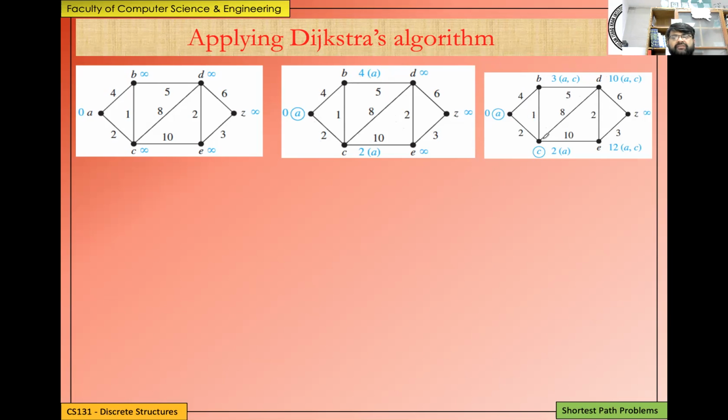However, the other things that we can reach by using C are D by using 2 and then 8, so 10 AC. Similarly, from C you can reach E by using this 10 again, so 12 for AC as well, right? So you can actually reach E from A by using 12 distance by using AC. On the other hand, 10 AC, you can visit D.